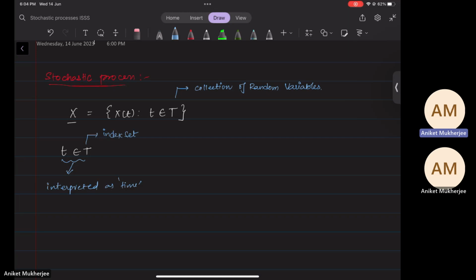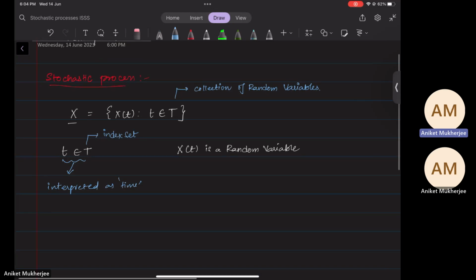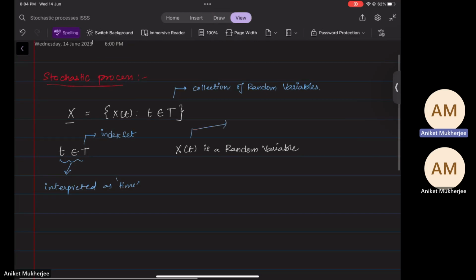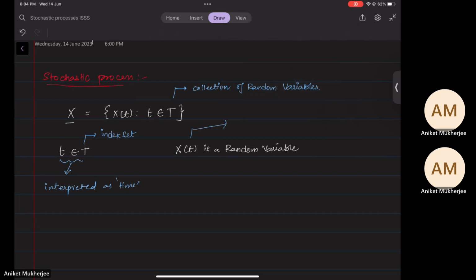You could have it as space or some other physical interpretation of it. Hence index set, but generally we'll be using time as an index. And the randomness here is in Xt. So Xt is a random variable, and this is known as the state of the stochastic process.